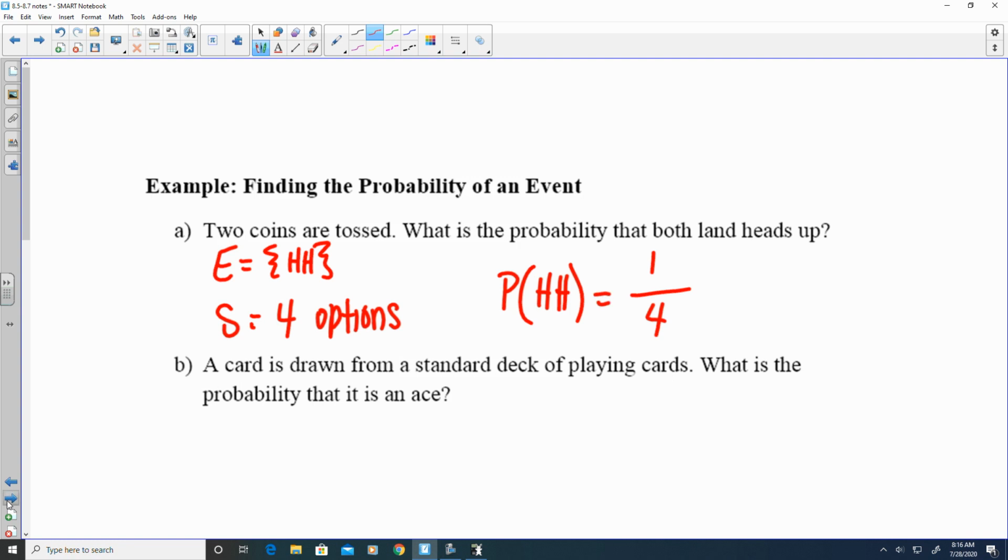Now, it doesn't matter to me if you leave your answer as a fraction or a decimal, as long as you are consistent and, if you do a fraction, as long as it's simplified. For some people it makes a lot more sense to write probability as a decimal or even as a percent.